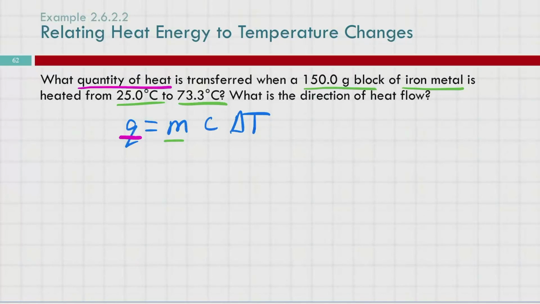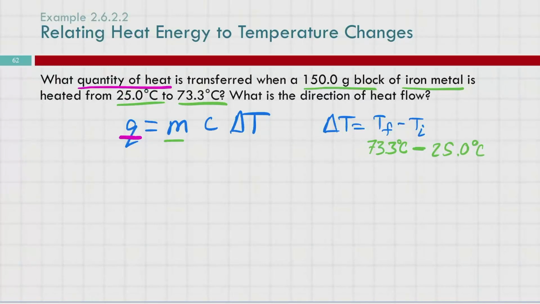Goes into delta T. For delta T, we have an equation, TF minus TI, the final temperature minus the initial temperature. Which of these 2 temperatures is our final temperature? It's 73.3 degrees Celsius. So 73.3 degrees Celsius, and we would be subtracting 25 degrees Celsius.